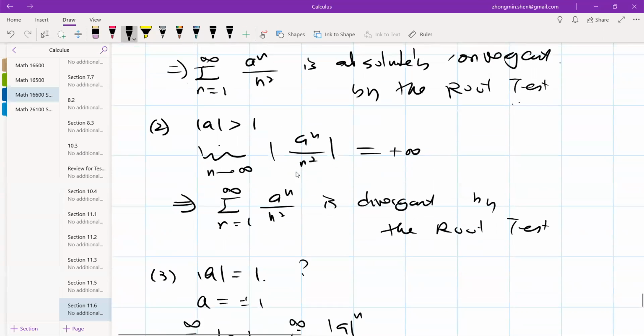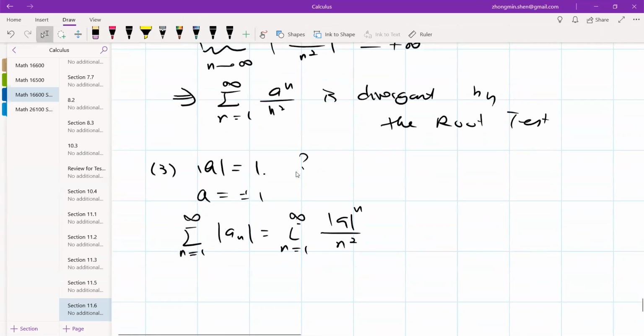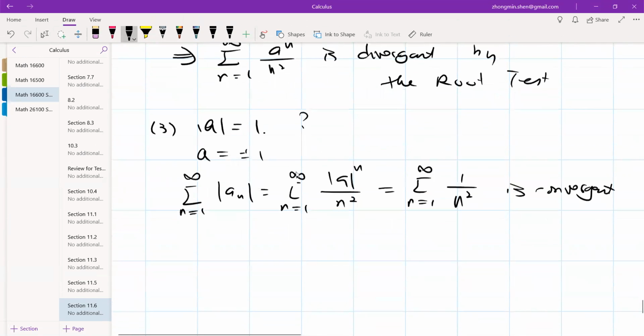You cannot use the ratio test, you cannot use the root test. Actually it's going to be 1 over n squared, but this is convergent. It's still convergent, so we are done. But you have to use a different test.